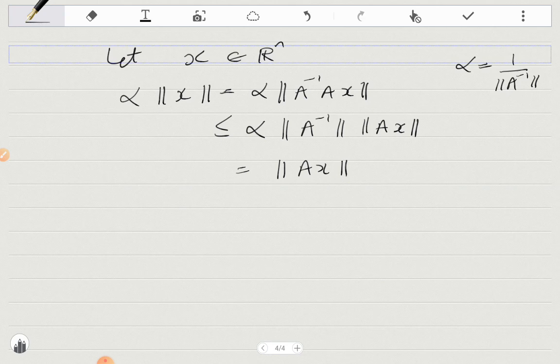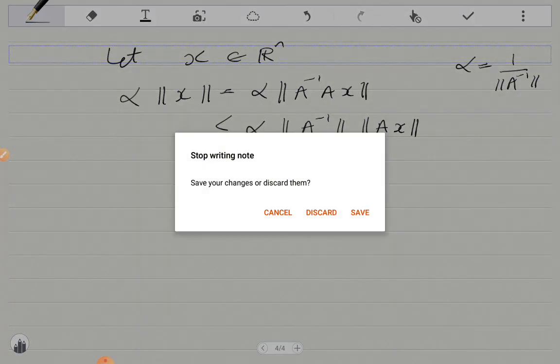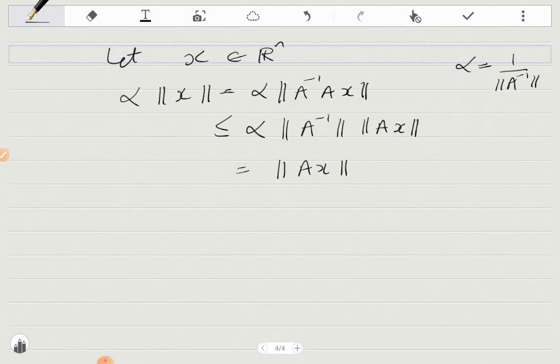But actually I'm interested in B, so I'll just add and subtract Bx here. This is less than or equal to norm A minus B x plus norm Bx.